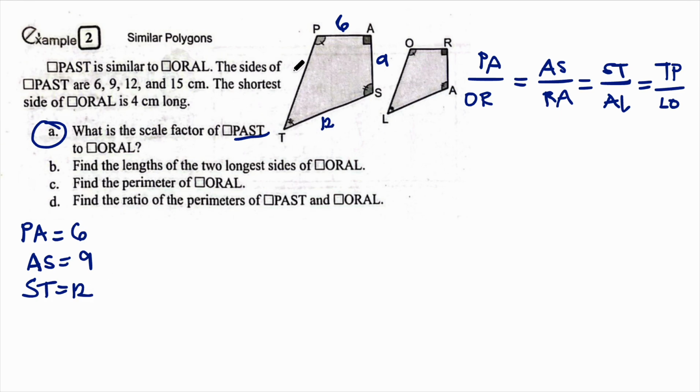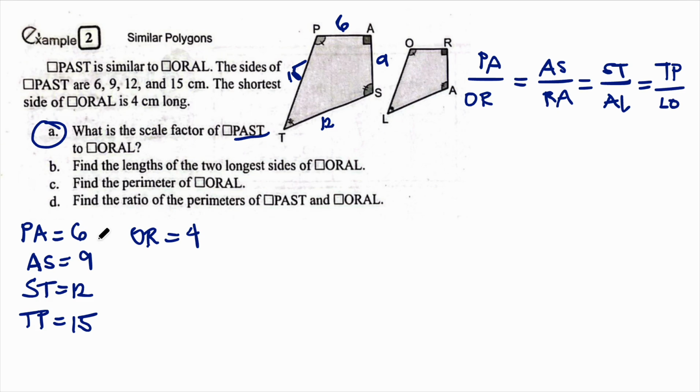And finally, TP is going to be 15. So they are respectively measured by these given values. What we are looking for is one measurement from the ORAL, so OR is equal to 4.